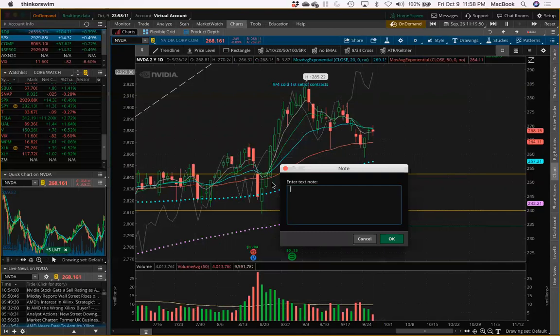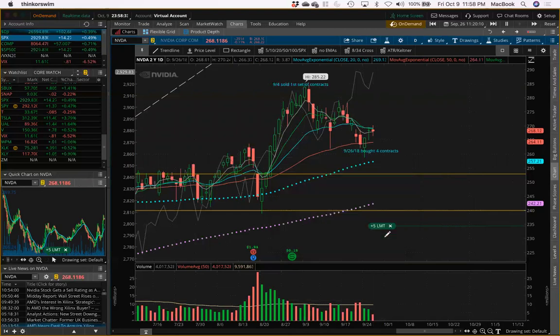On this day, technically, what's the green candle in the purple? I don't know. What day is this? 9/26/18. Bought 4 contracts. Again, like I said, I'm gonna go back and update these notes better for us.